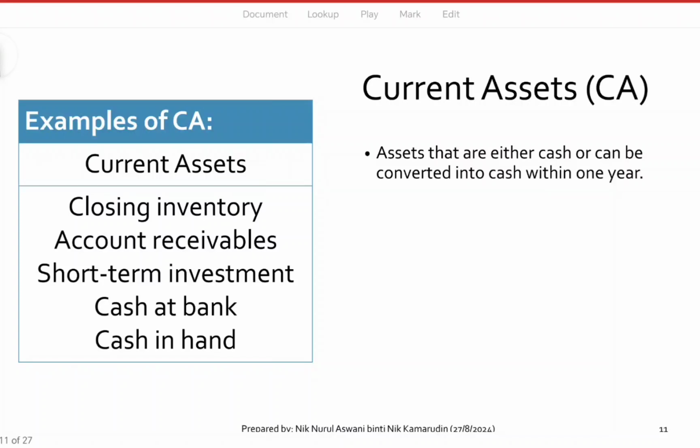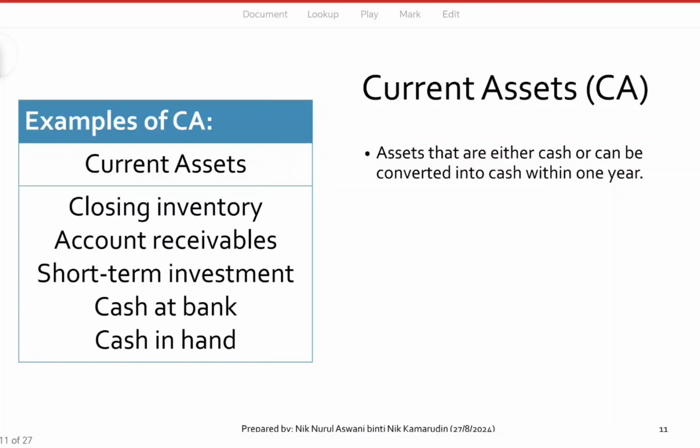And this closing inventory, when you enter the new accounting period, they are going to sell this inventory. So if they are able to sell this inventory, they are going to convert the inventory into cash. However, if the inventory is sold on credit, then that inventory will turn into account receivable.